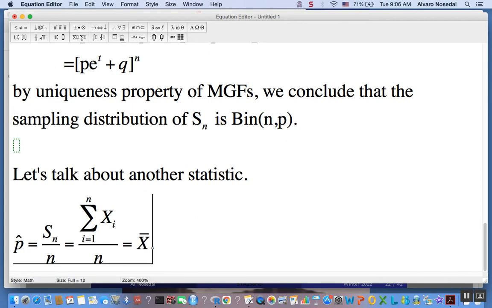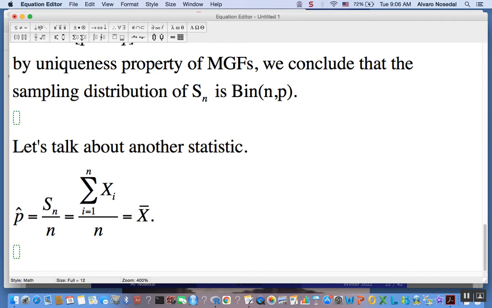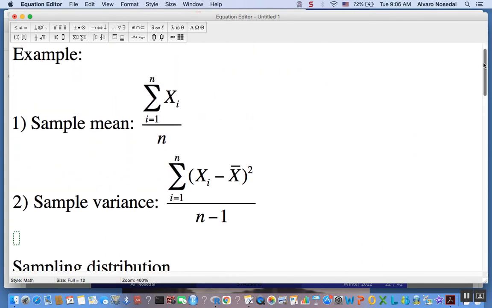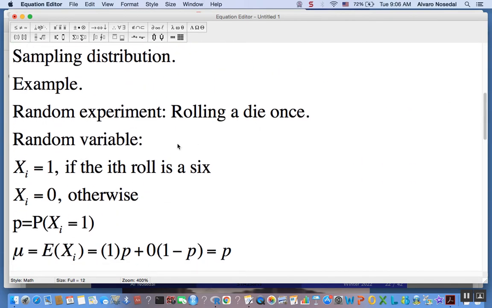Okay. Why am I calling this guy p hat? Because, for instance, in our example, xi represents the number of sixes that we roll, right?